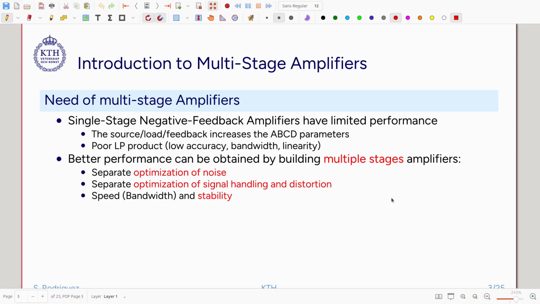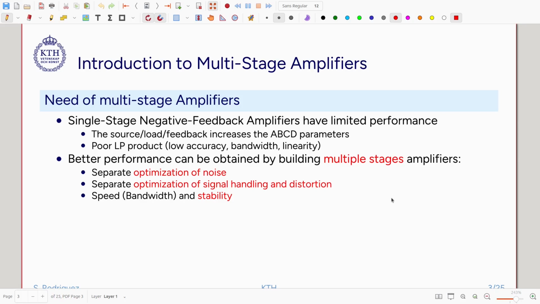So much better performance can be achieved by building our nullor with different stages, so that we can separate the problem of noise and nonlinearity. And as we saw before in the lecture on noise, it is actually the input stage that dominates the noise, so we can optimize this stage for noise.